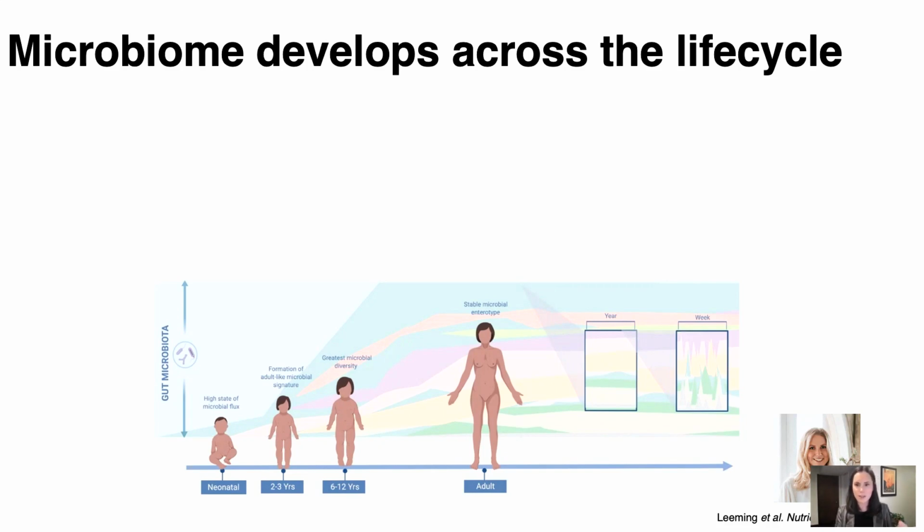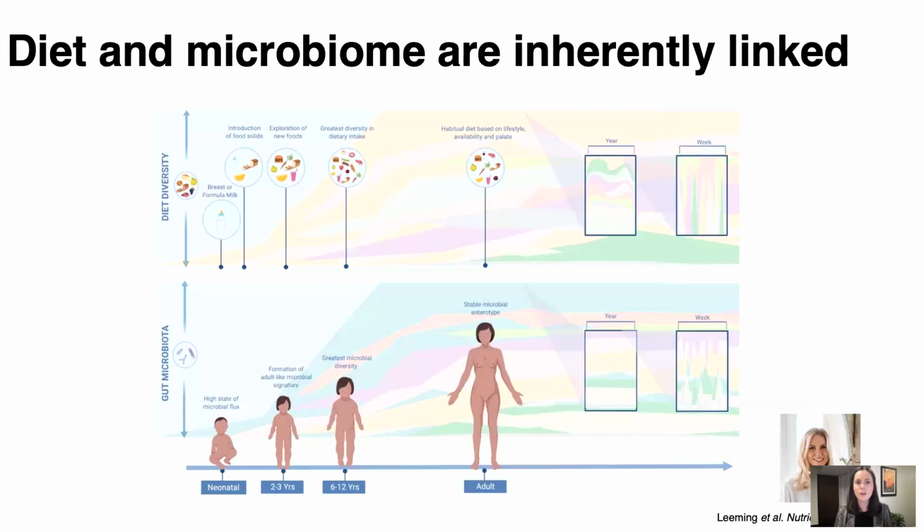And a lot of those periods of change, including the periods of rapid development during infancy, correspond with big differences and big changes that occur in the diet. So it becomes really interesting to start to think about how diet and microbiome are inherently linked.